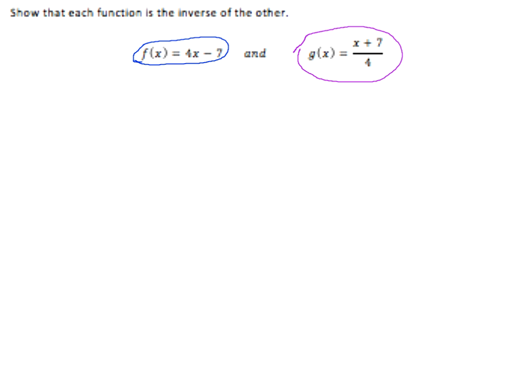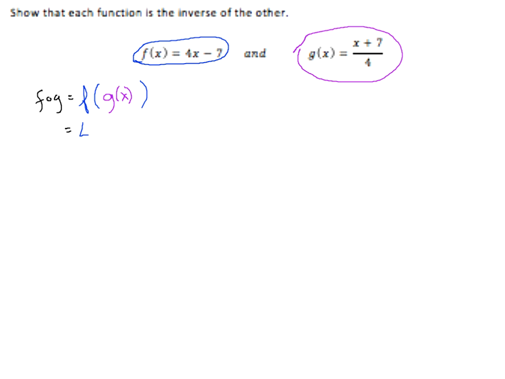Okay, so to begin verifying, I'm going to start with f composed with g, which means that f of x is my shell function, and I'm going to plug in g of x, and this is what that looks like.